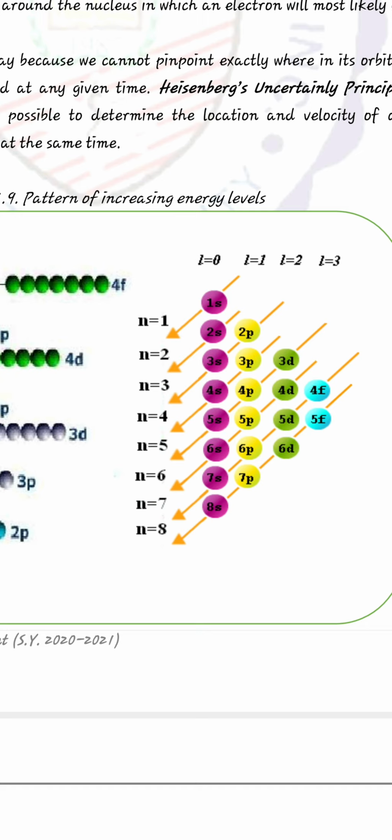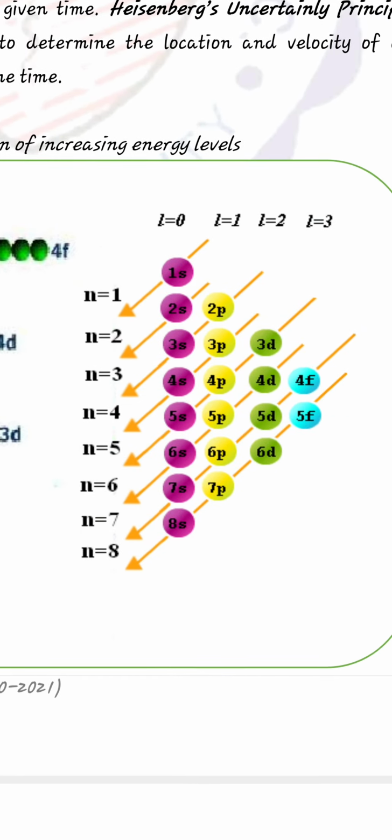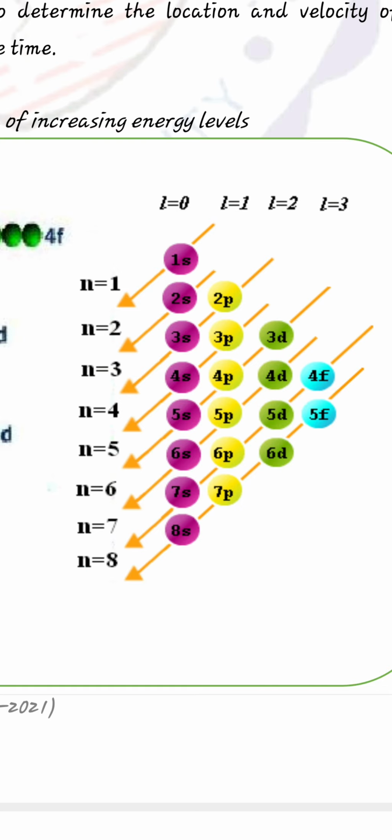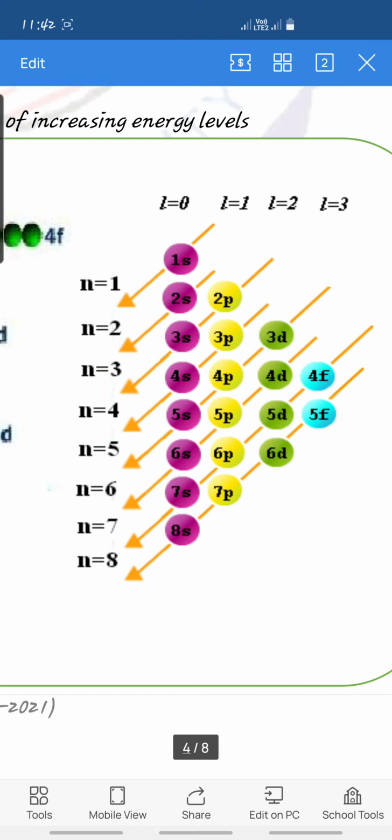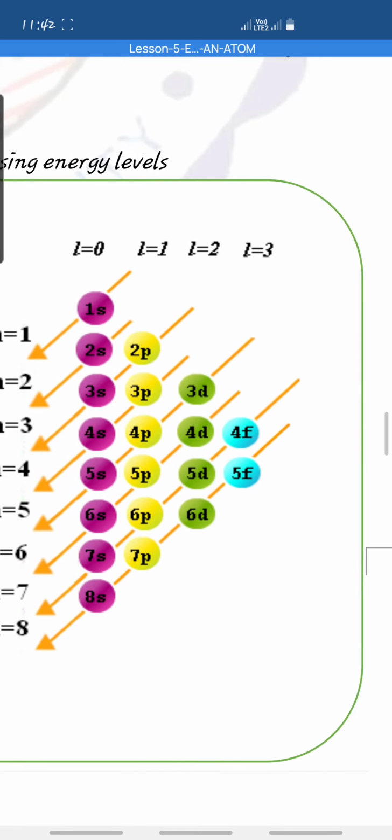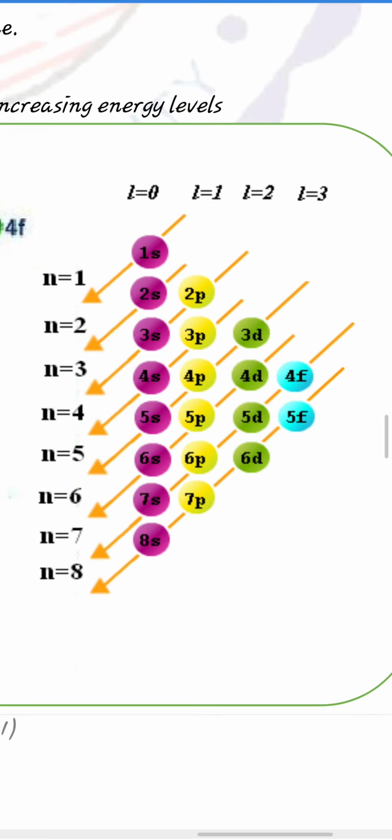So that is the electronic configuration of argon: 1s2, 2s2, 2p6, 3s2, and 3p6. Always follow the pattern, from the first, second, third, fourth, fifth, and so on. Follow lang yung pattern, yung arrow, nagsisimula talaga sa 1s.